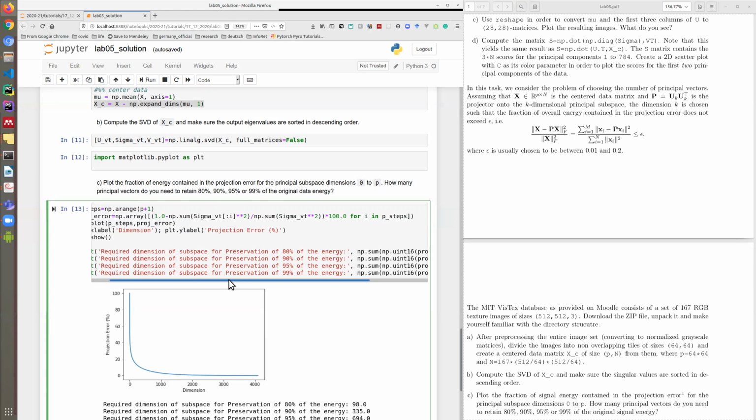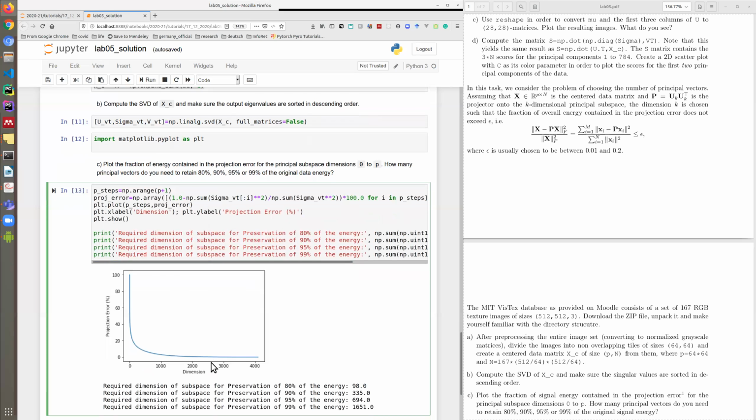And after that, as you can see, we calculated this projection error for all possible cases. We started from zero, and we went till 4096, and we calculated the total projection error for all the cases. And then we plot this as dimension against projection error.